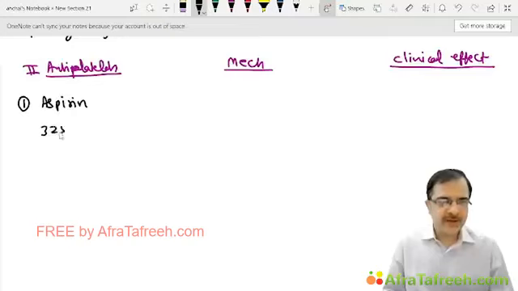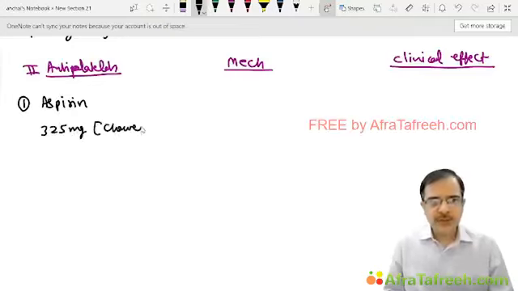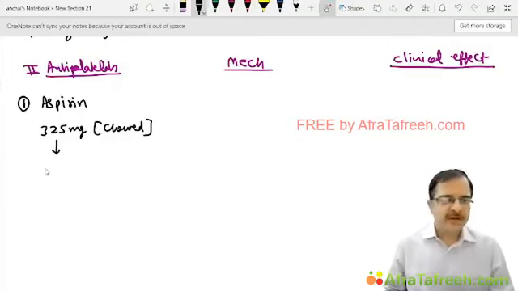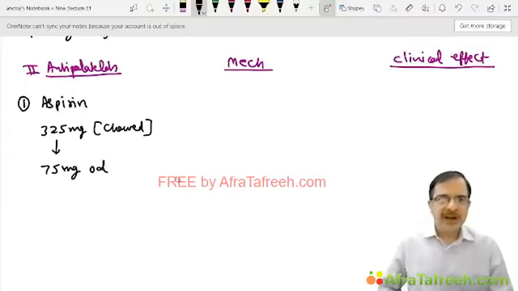The loading dose of the aspirin is 325 milligrams, and it should be crushed in the mouth, non-enteric coated. And after the loading dose, we give a maintenance dose of 75 milligram OD, once a day. Now, what is the contraindication?